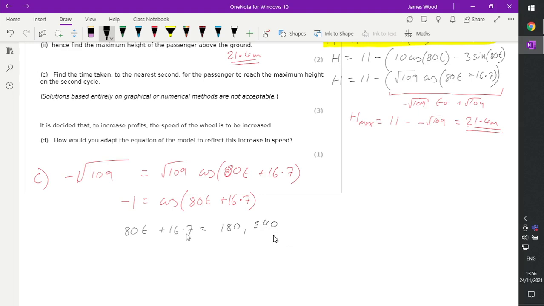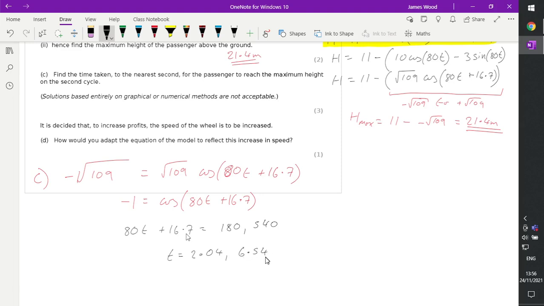It says for the second cycle, so I'm expecting it's going to be the 540 value. Then we can use this to find t. So you can do 180 minus 16.7 divided by 80. So we get 2.04 is one solution. And the next one, 540 minus 16.7 divided by 80, 6.54.